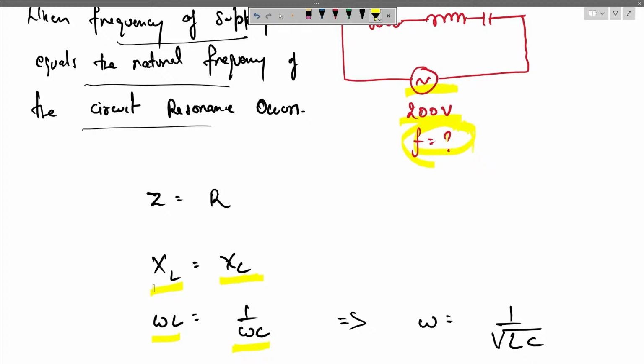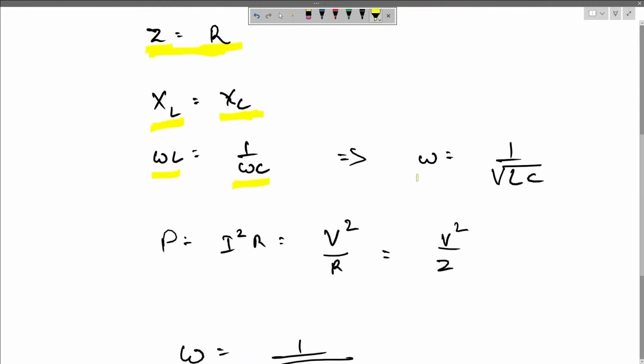When the inductive reactance and the capacitive reactance match, the impedance is equal to the resistance, or the circuit is purely resistive. So upon equating these two quantities, we get omega equal to 1 by under root LC.